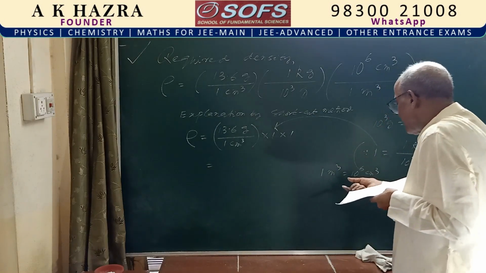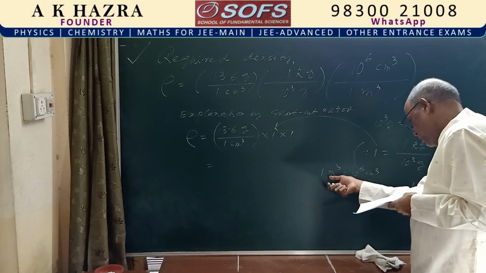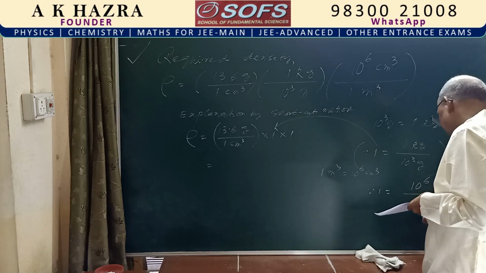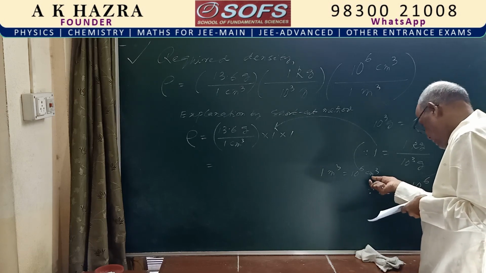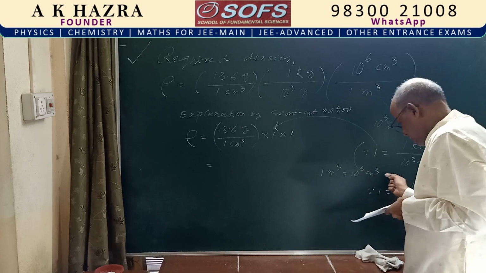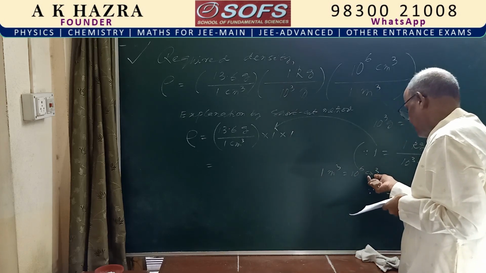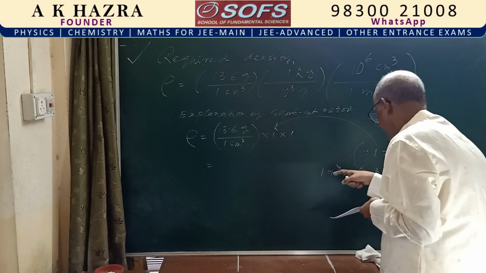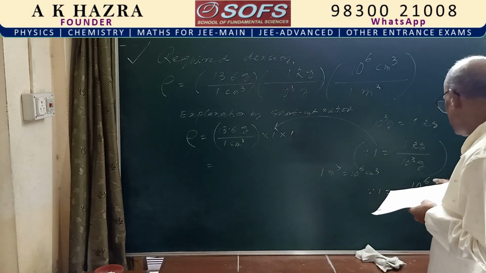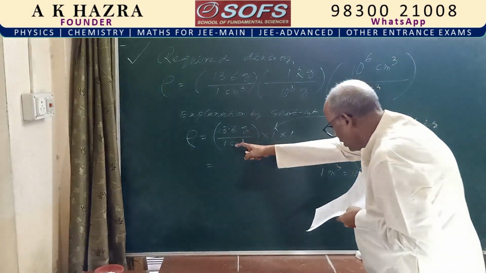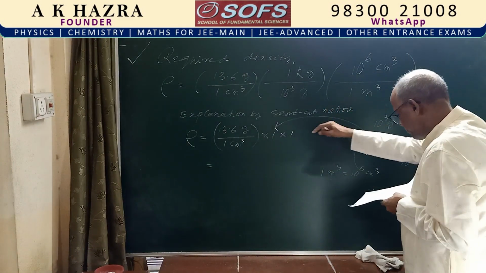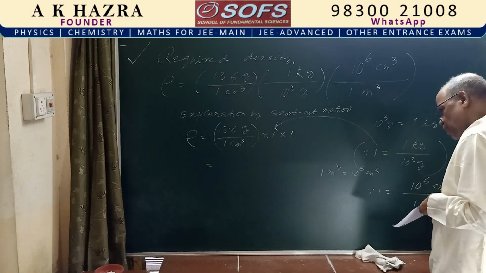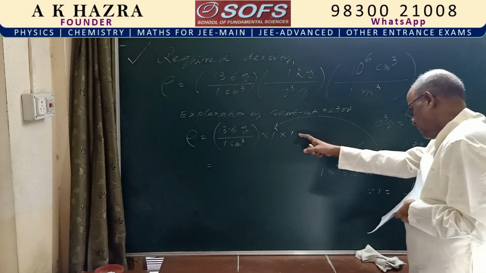If you need cubic meter in the denominator, divide both sides by 1 cubic meter, so 1 equals 10 to the power 6 cubic centimeter by 1 cubic meter. If you need cubic centimeter in the denominator, divide both sides by 10 to the power 6 cubic centimeter, so 1 equals 1 cubic meter by 10 to the power 6 cubic centimeter. But we need the first one because cubic centimeter will be cancelled out, appearing in the numerator, and we need cubic meter in the denominator. So clearly it should be the conversion factor.